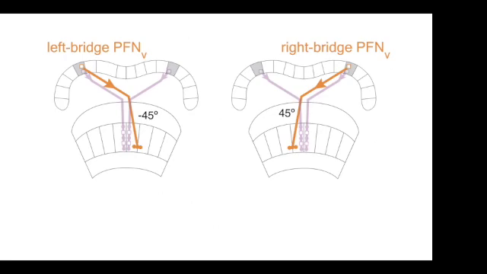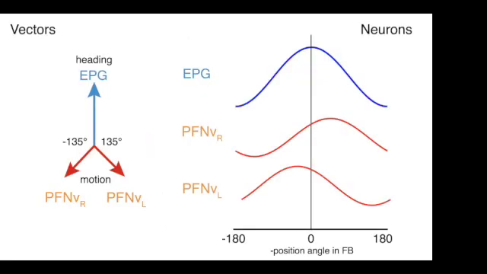So that's good. That means we're getting a phase shift, right? It means that these sine waves look like this. If I showed you them in the bridge, they would all be aligned. But if I now showed them to you in the fan-shaped body, they look like this, shifted by 45 degrees. Well, that's a start, but it's not what we want. That means we're representing vectors that look like this. And so close, but we didn't get there yet.